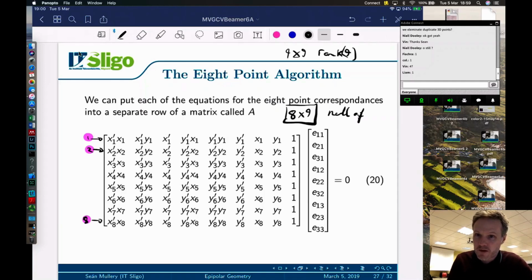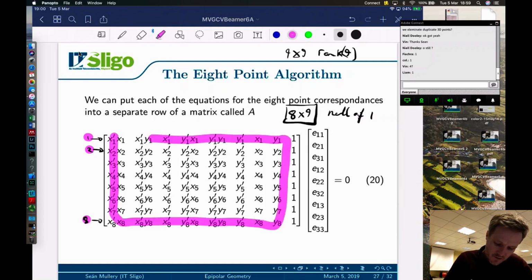And I see a few people putting it in there. Now Vin has it wrong at 4, but the null space of 1, because it's what's left. Okay, so if we take 8 away from 9, it's what's left. Now if we have a null space of 1, what that tells us is that there is a single vector that is in the null space of this matrix. So this matrix here, sorry, including that, has a null space of 1, so it has a single vector.